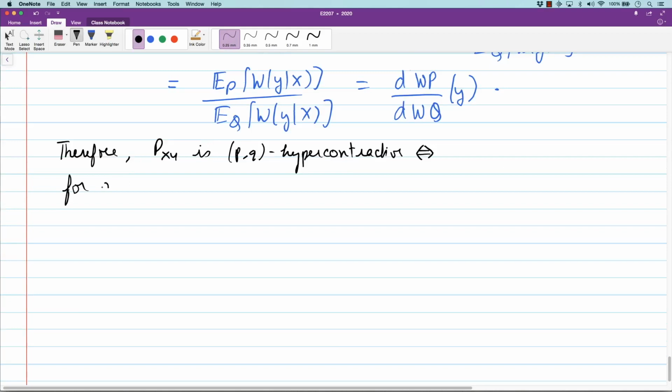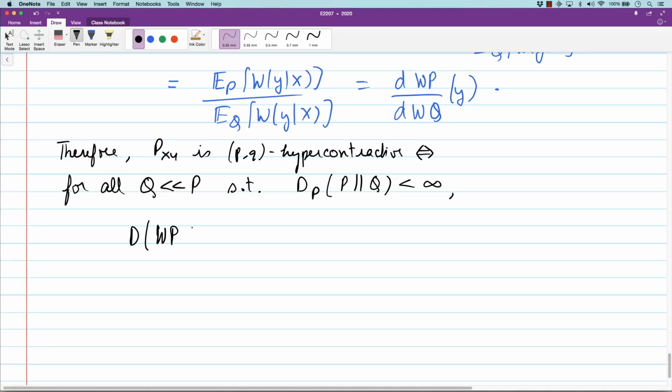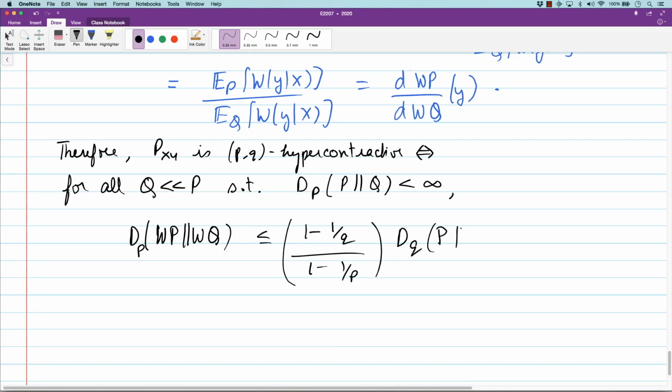If and only if, for all Q that have density with respect to P such that D_p(P||Q) is finite, D_p(W_P || W_Q) is less than or equal to (1 - 1/q)/(1 - 1/p) times D_q(P||Q).